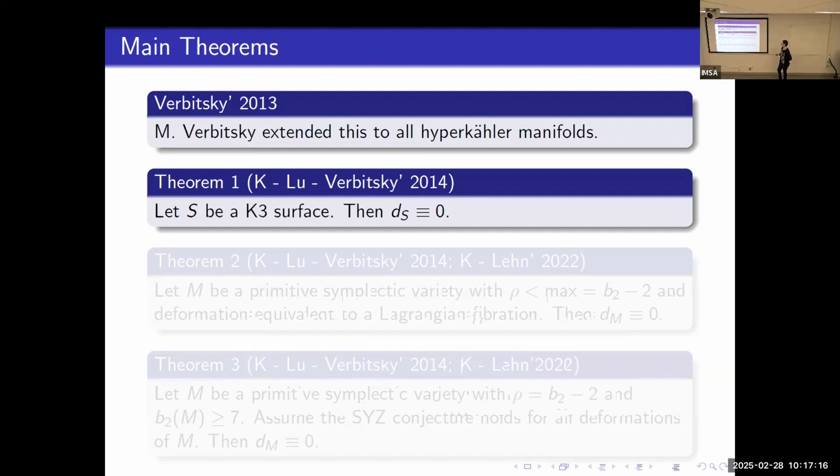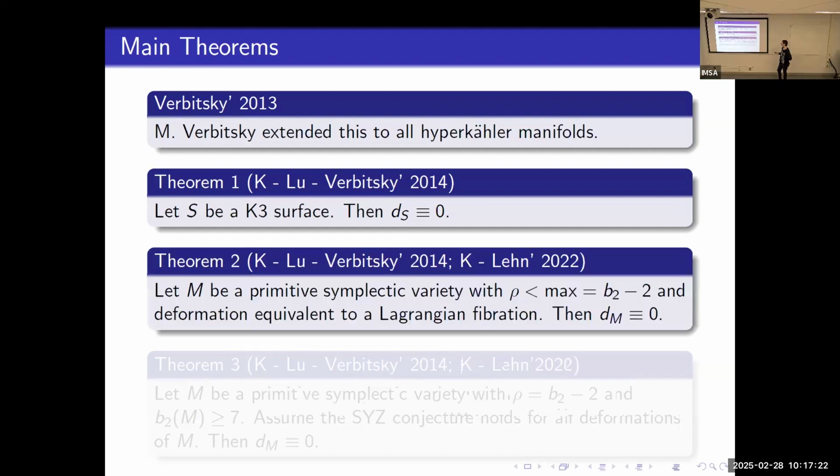We were able to prove for K3 surfaces that the Kobayashi pseudometric vanishes. And for hyperkahler manifolds, or their singular version, called primitive symplectic varieties, with Picard rank less than maximum, and deformation equivalent to a Lagrangian fibration, you also have vanishing.